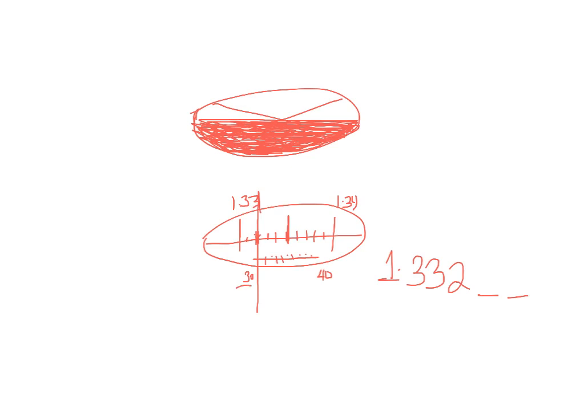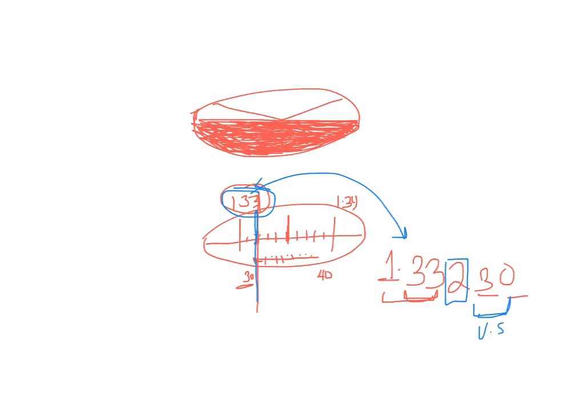So let's say it cut at 30 exactly, you will say 30. So again, the first two decimal places come from this piece. The third decimal number is where it cuts the metric scale, and the last two come from the vernier scale.